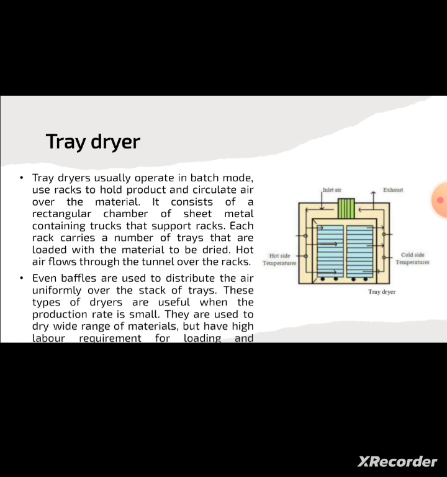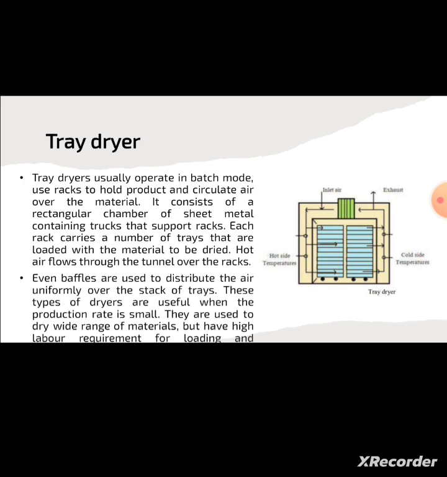This dryer operates in batch mode because the products are placed in racks in a chamber, and the air circulates over the material. It consists of a rectangular chamber of sheet metal containing tracks that support racks.